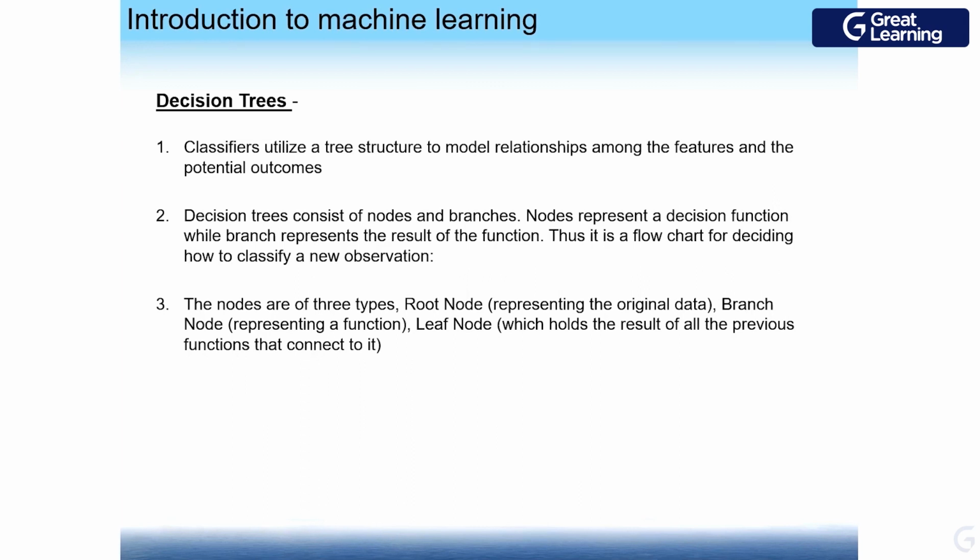Mostly used for classification. It consists of what we call the nodes and the branches, where the nodes represent some decision you're taking or some functions you're going to execute, some logical functions. Those functions will be executed on your independent attributes, the columns in your data frame.